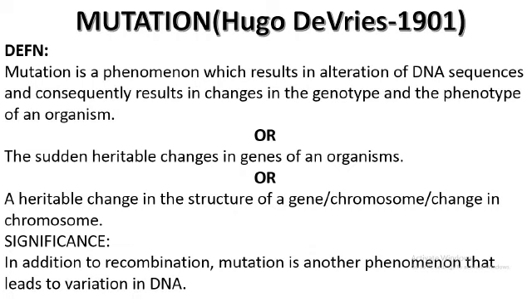In a similar manner, a change in the sequence of a gene, or mutation, can also lead to variation. Variation in turn leads to the evolution of new species. Hence, mutation is considered one of the raw materials for the evolution of new species. How? By inducing variation. So the greatest benefit of mutation is to induce variation.